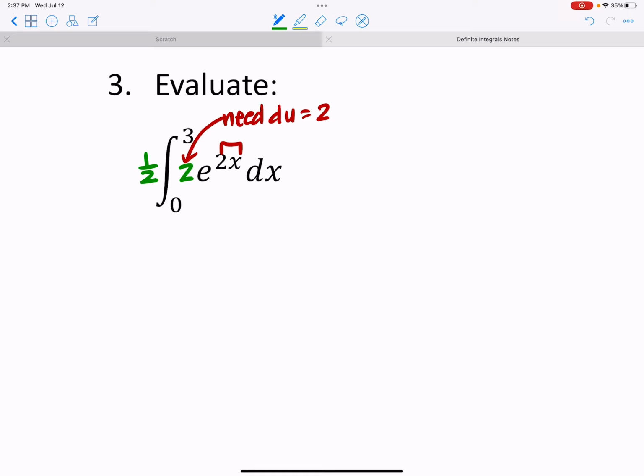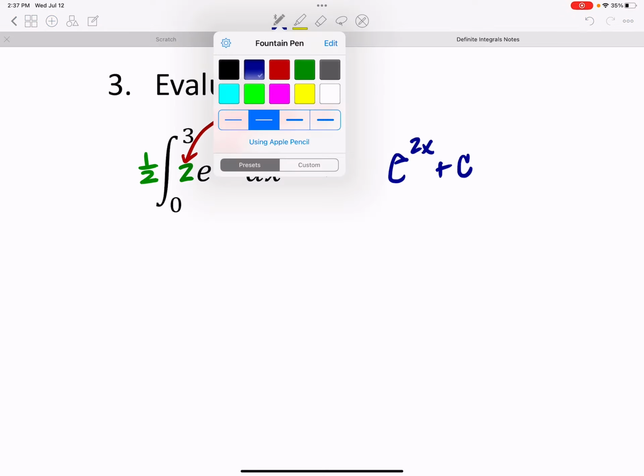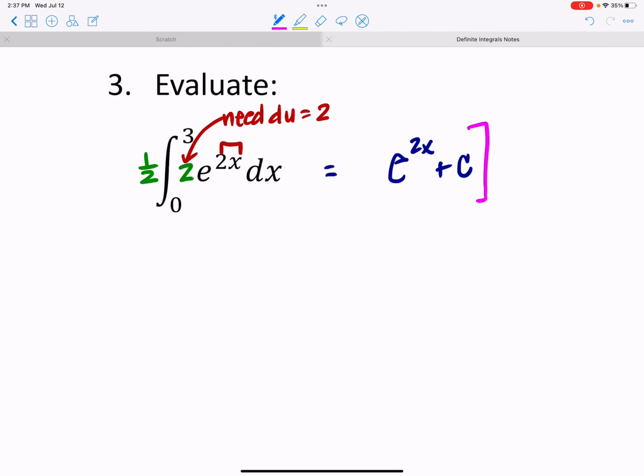So e to the u power, the integral of e to the u, is e to the u plus c. That's going to make this e to the 2x plus c, and that we're going to evaluate at the upper limit of 3 and lower limit of 0, subtract the results, and then we're good to go. So we end up with, if we plug in the 3, that's e to the 2 times 3 power plus c.